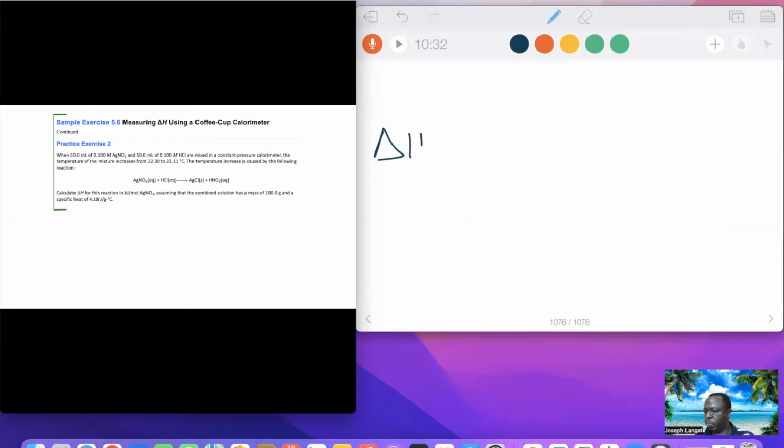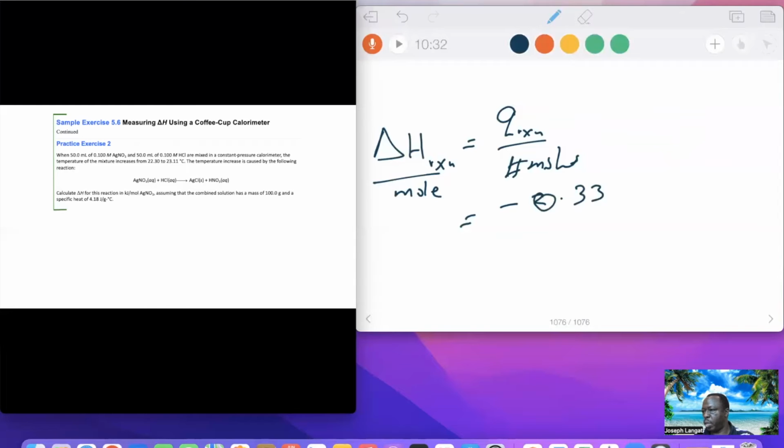So the change in enthalpy for the reaction is given by Q for the reaction over the moles, per mole, which is given by negative 0.33858 kilojoules over 0.005 moles.